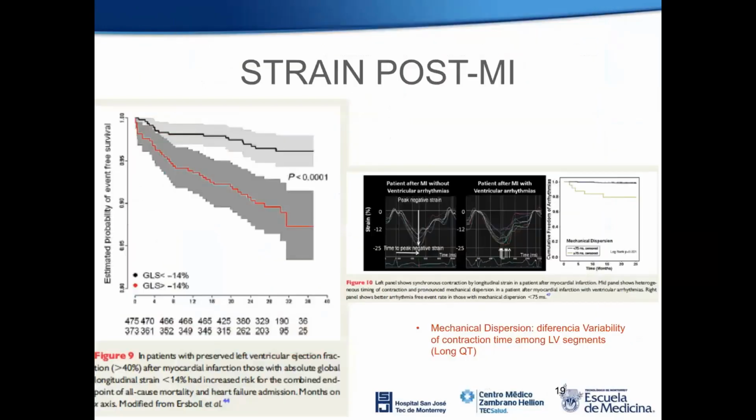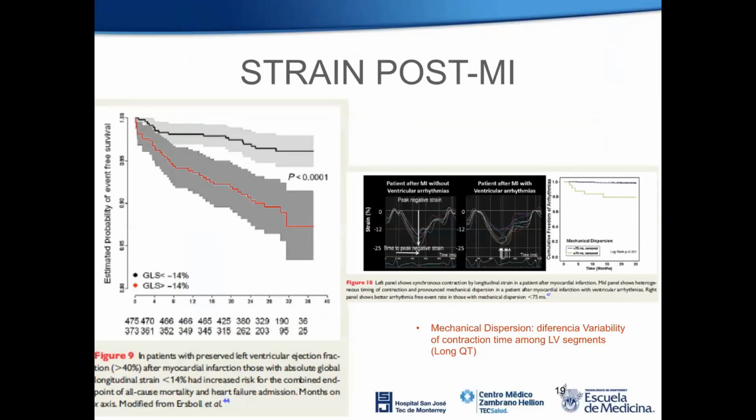Something that it's also useful for is patients post-MI. We know that mechanical dispersion is the variability of contraction over segments in time. And this has been characterized in patients with long QT syndrome, where the normal mechanical dispersion is somewhere around 30 milliseconds, and in patients with long QT it can go up to 120 milliseconds.